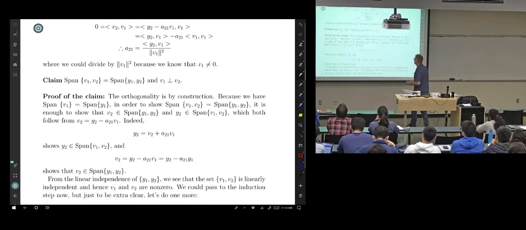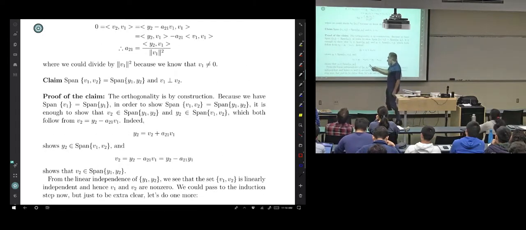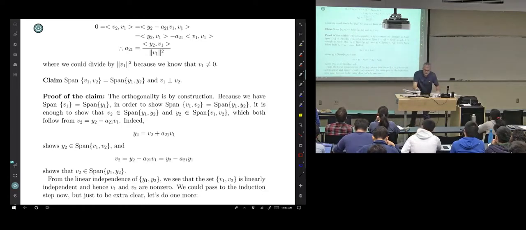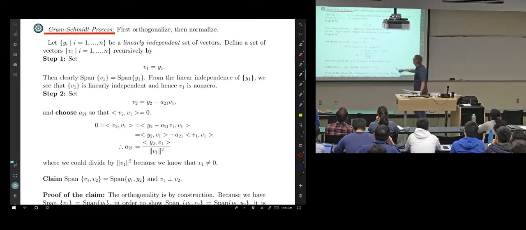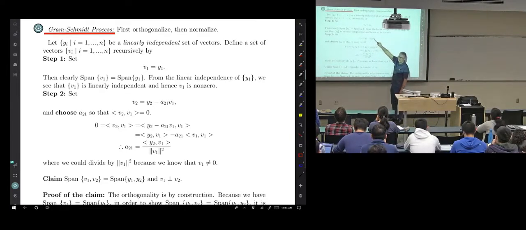Well, v2 and y2, I mean, we just defined, to show one way, here's v2 written as a linear combination of y2 and y1.